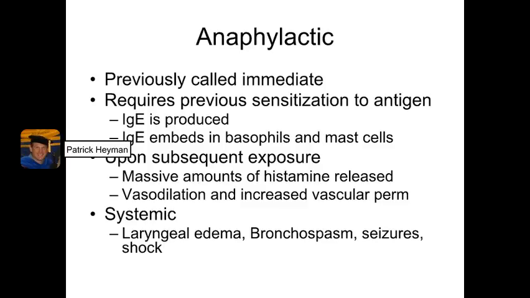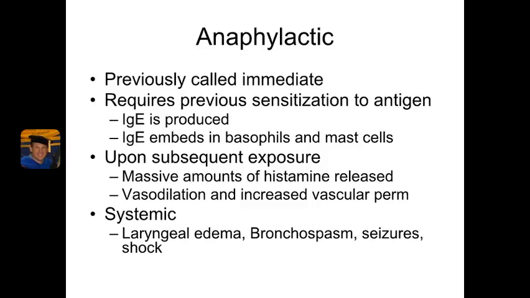Anaphylactic reactions used to be called immediate allergic reactions or hypersensitivity reactions, and it requires you to have had a previous exposure where IgE was produced. The IgE was embedded into basophils and mast cells, and the next time you were exposed to that same substance, when the IgE antibodies bind to that substance, they cause degranulation of the basophils and of the mast cells.